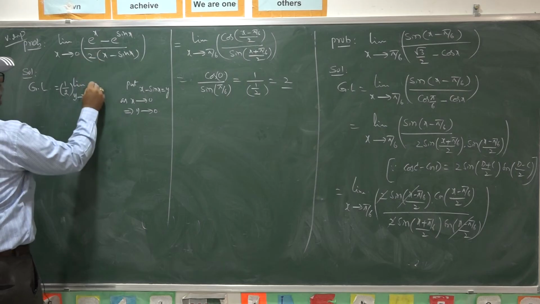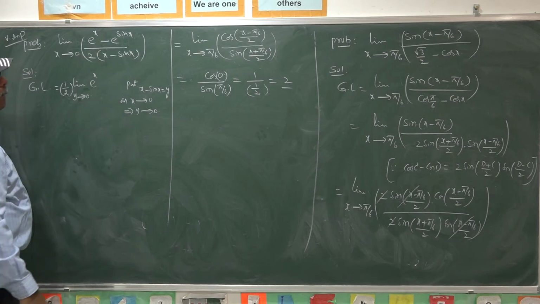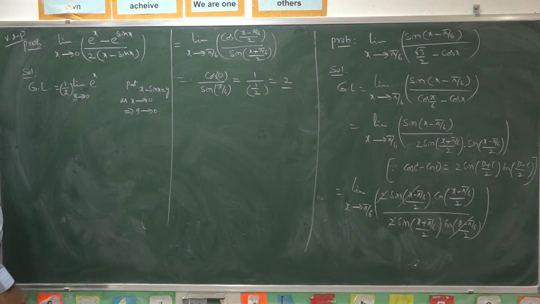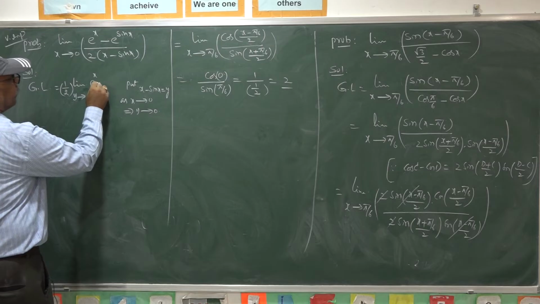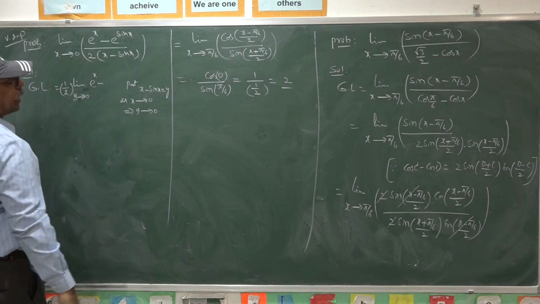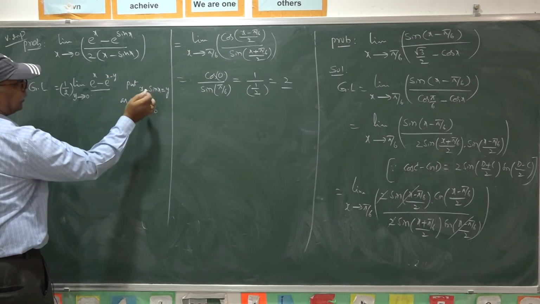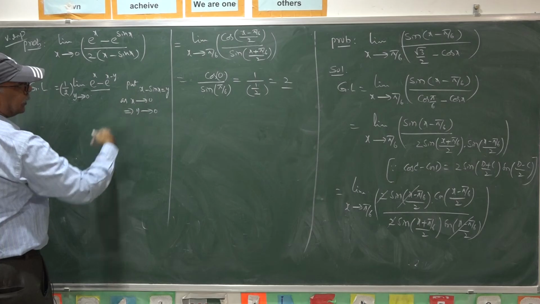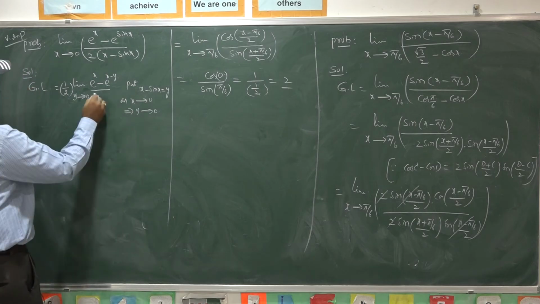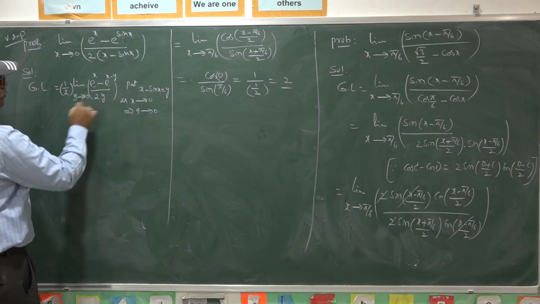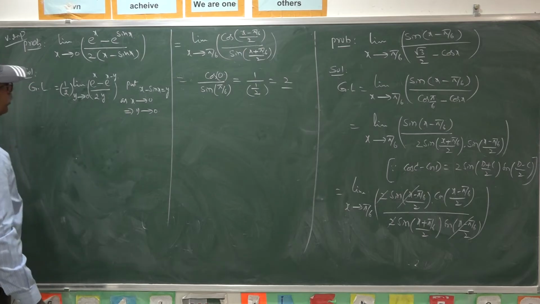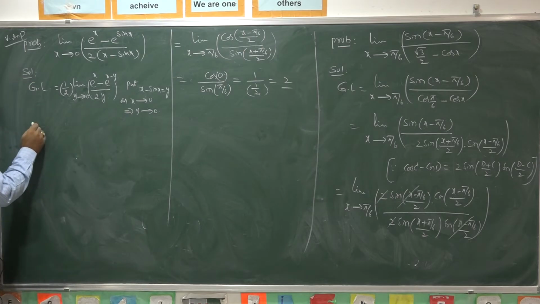Keep this one as e power x itself, minus e power sin x. Sin x may be written in terms of y: sin x is x minus y, all over y. Oh sorry, already 2 I am taking common, so there is no need of 2 here.